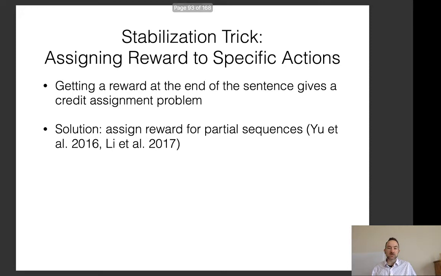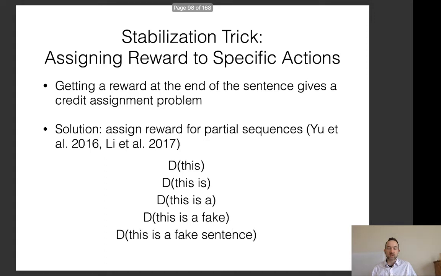So in text, one solution is to assign rewards for partial sequences. You gradually step through the sentence, and find the point where you start getting a signal that it's fake. Let's say we put this here: this is the place where the discriminator starts to give feedback. So you can assign a reward for partial sequences and particularly penalize the actions that cause this partial reward.